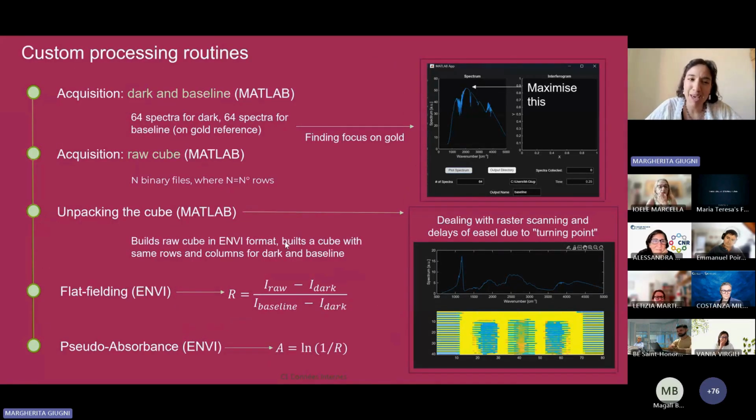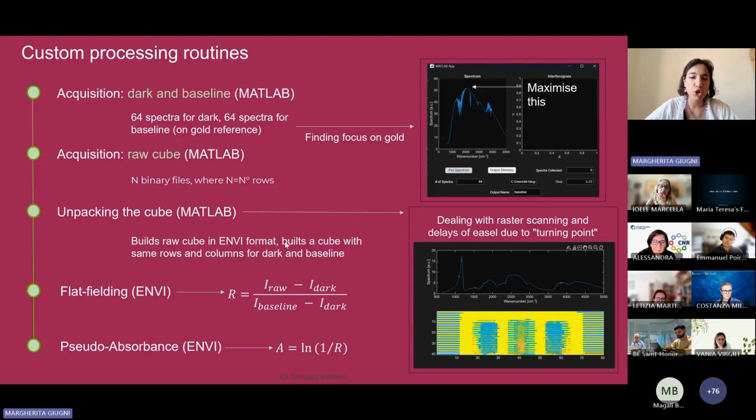My coworker from the Chemical Imaging Lab, Amar Rizbud, was heavily involved in the custom processing routines in MATLAB to deal with the acquisition of the dark and baseline spectra, the acquisition of the raw cube, and then the unpacking of the cube. This means going from a binary file to an MV-compatible dataset, because you usually use MV to then process the data.